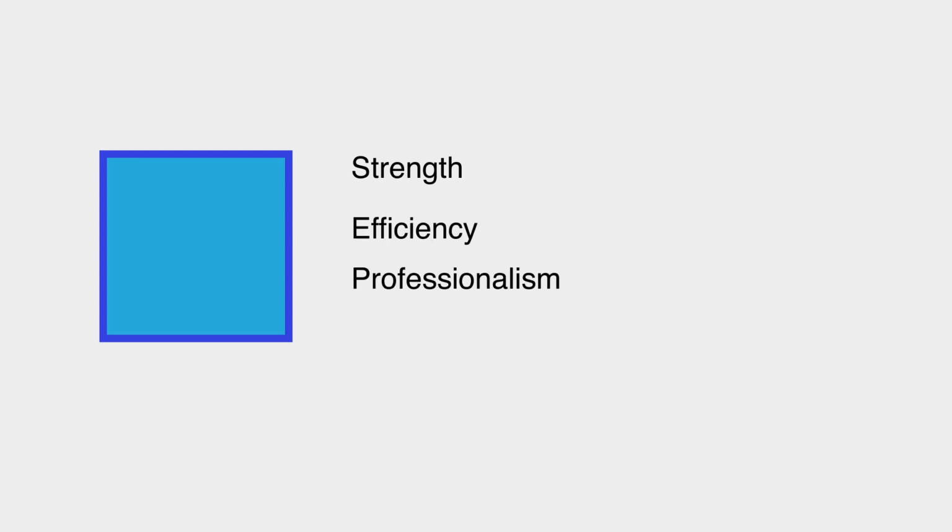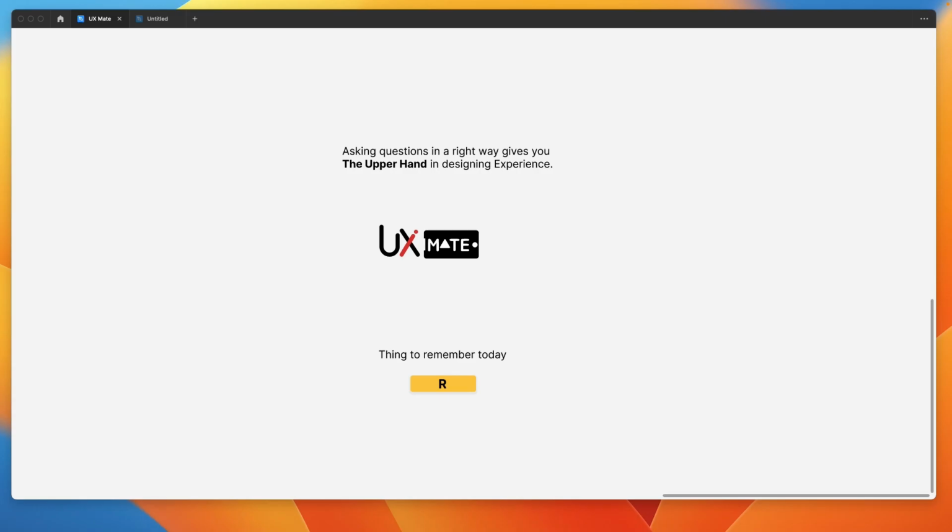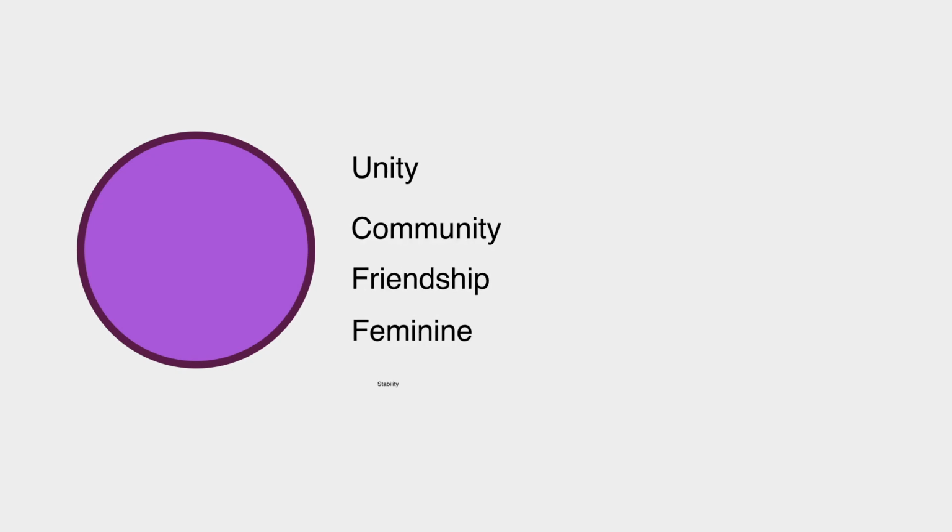Squares basically give the feeling of strength, efficiency, practicality. They also talk about professionalism. When we use circles, on the other hand, circles are more feminine shapes. Circles represent stability, community. They are also used to represent unity, friendship.